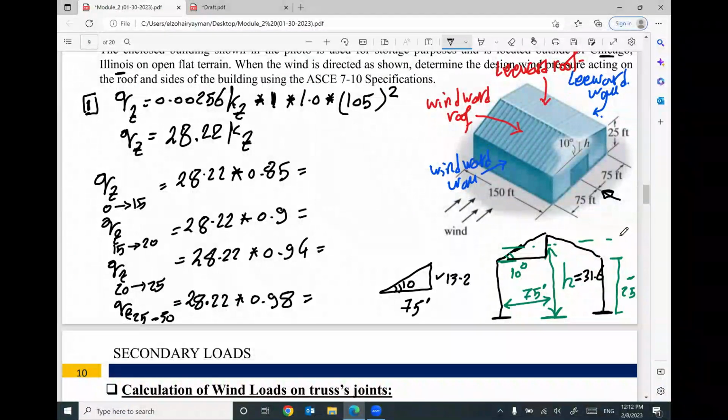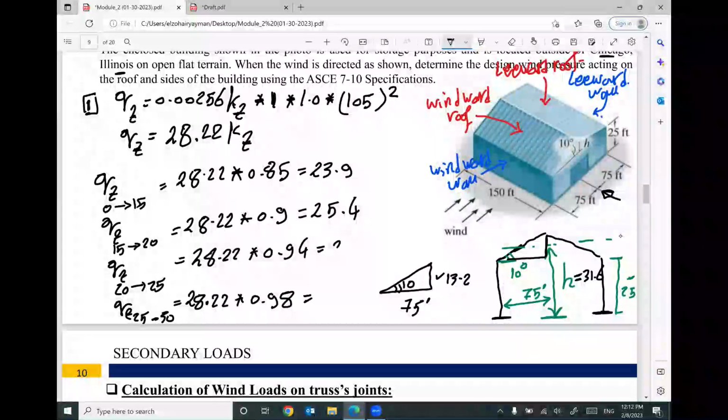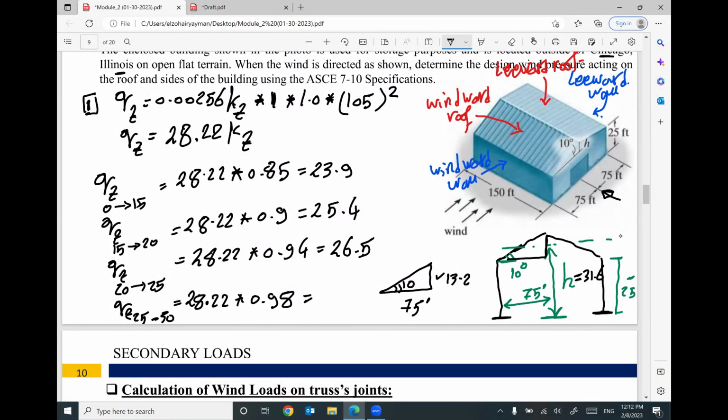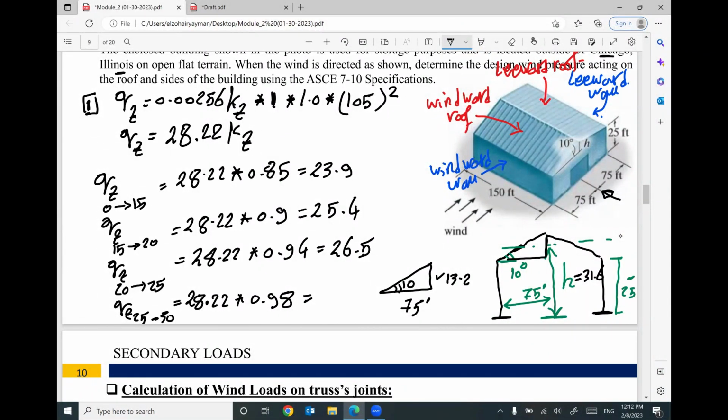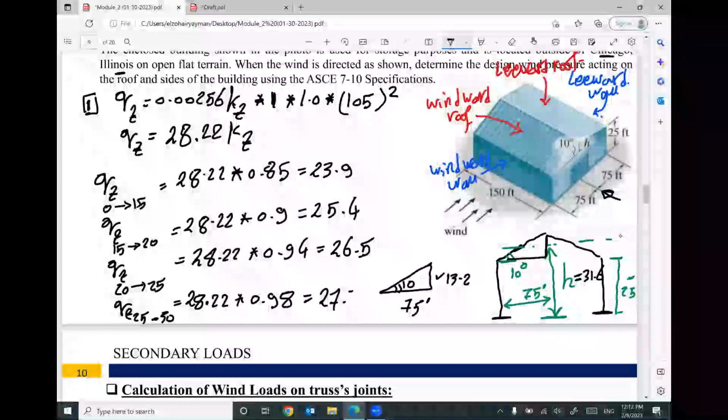So your values: 28.22 times 0.85, I got 23.9. 28.22 times 0.9, I got 25.4. 28.22 times 0.94, I got 26.5. 28.22 times 0.98, I got 27.6 or 27.7.